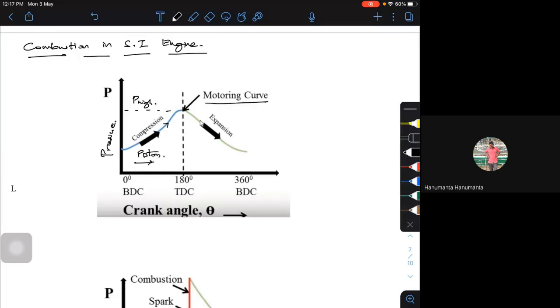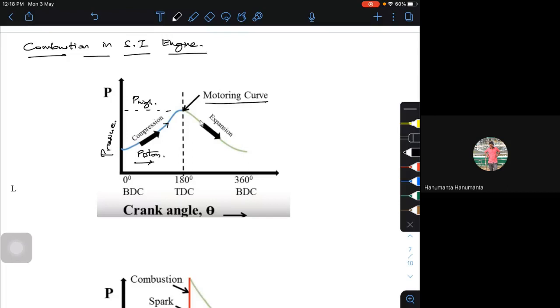In a motoring curve, in any kind of SI engine or CI engine, I am trying to show how the pressure increase and pressure decrease take place over the crank angle from 0 to 360, without actually showing you the combustion. So this is called a motoring curve.